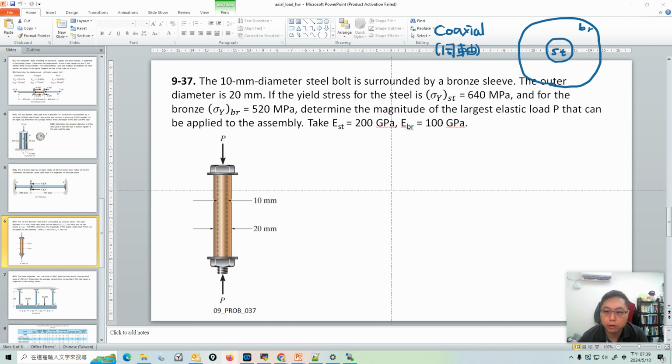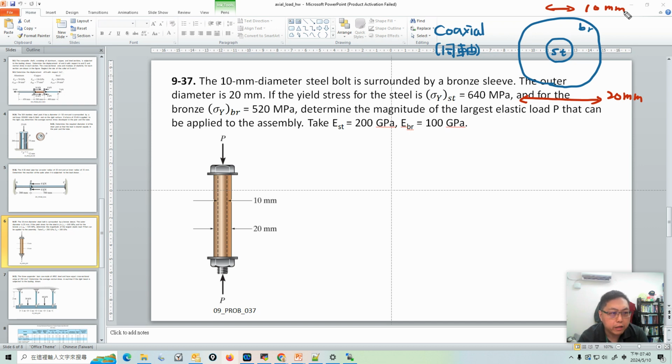The outer diameter is 20 millimeters, so this is 20 diameter, and the inner diameter is 10 millimeter. So that's a top view of the coaxial structure.